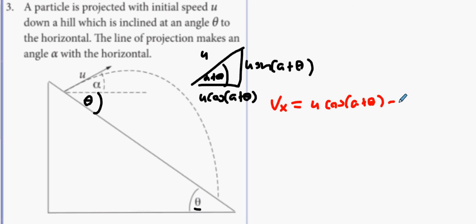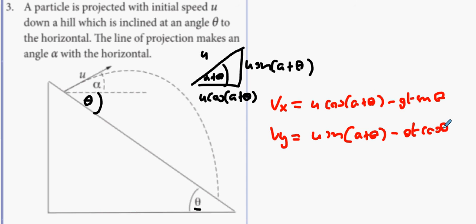And y equals u sine alpha plus theta minus cos. Oh, sorry, plus. We're going downhill. Gravity triangle again.